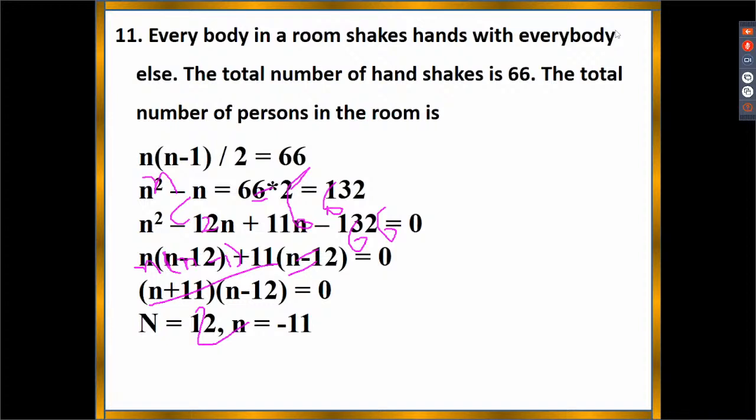So what is the final number of persons? n is equal to 12.